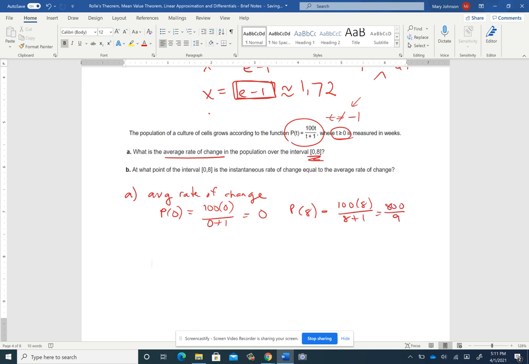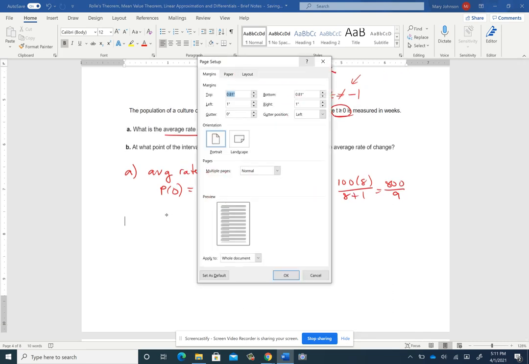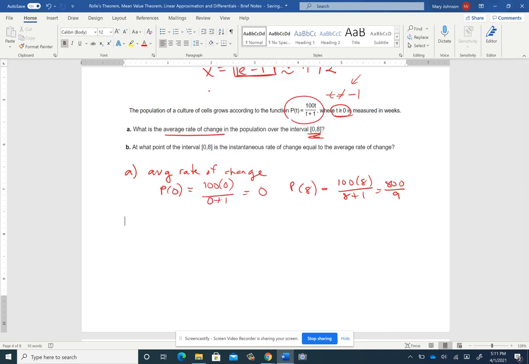Then we plug into the formula. We think slope. So it should be P of 8 minus P of 0 over 8 minus 0. P of 8 was 800 over 9, P of 0 was 0, and 8 minus 0 is 8. So that right there is the average rate of change. We just have to simplify it.